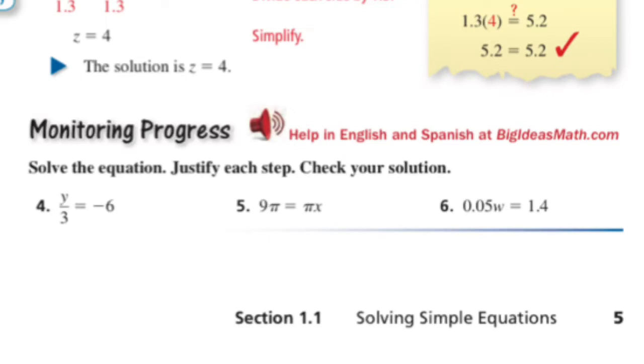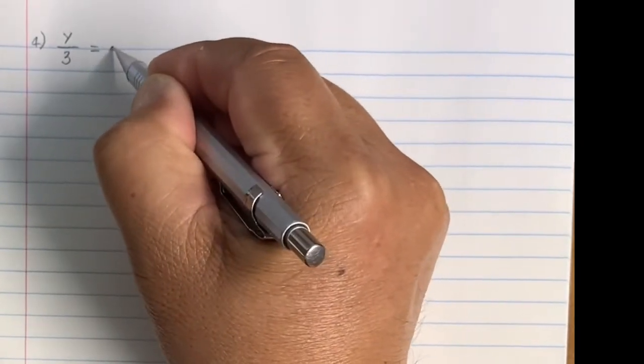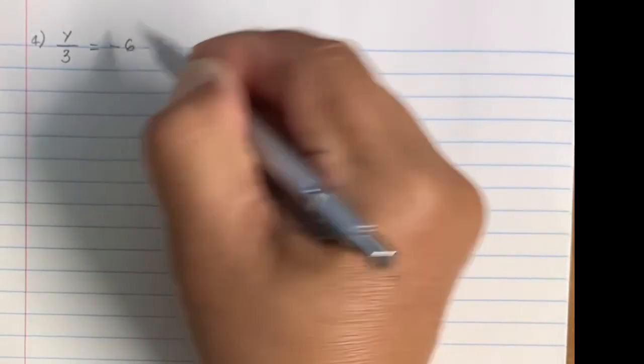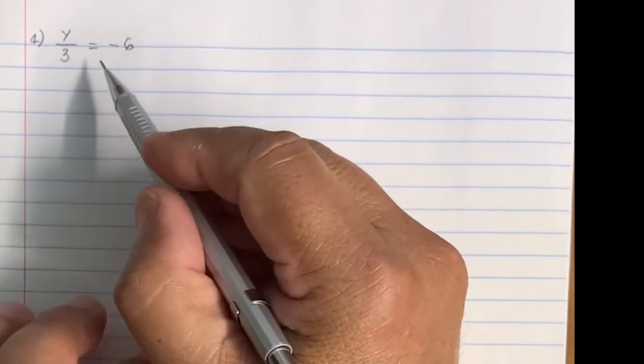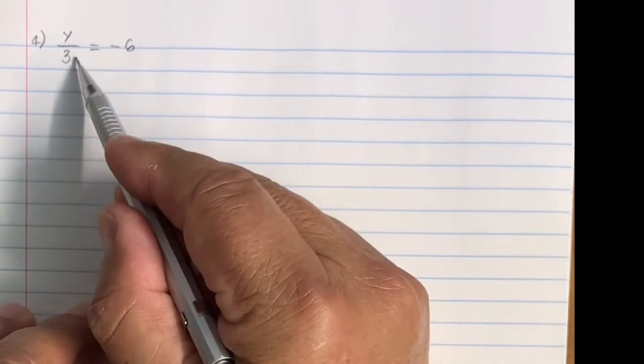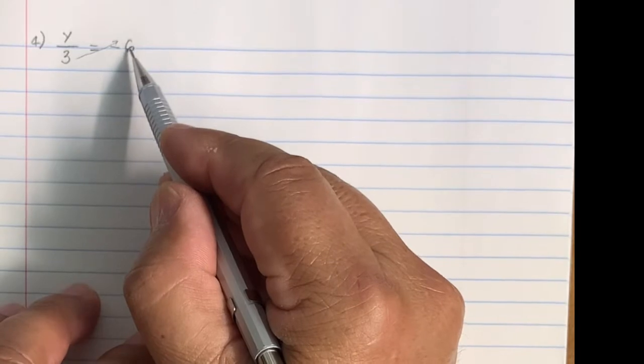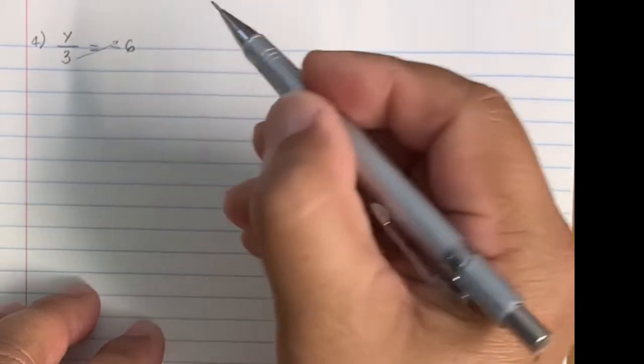Problem number 4. We have y over 3 equal to negative 6. To solve the problem, all we need to do is cross the number 3 up here. You cross it up, and you multiply times negative 6.